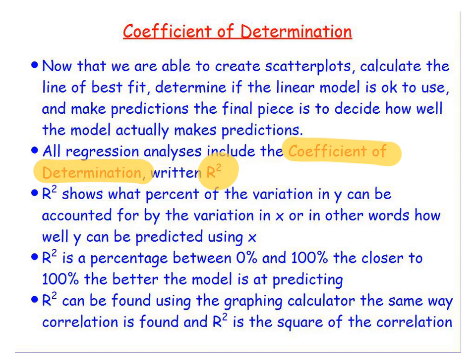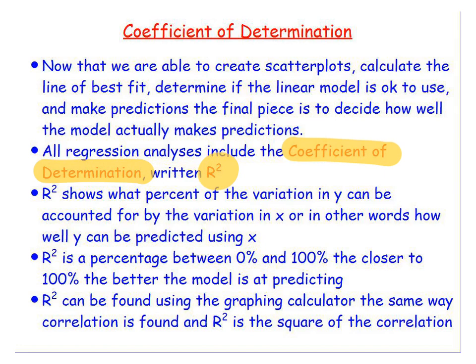R squared can be found using the graphing calculator the exact same way that we found correlation. So when we put in L1 and L2, and then we go to stat and calc and option 8, correlation was R, the line of best fit was A and B. The fourth thing there that we've never used yet was R squared. Now we're using R squared.